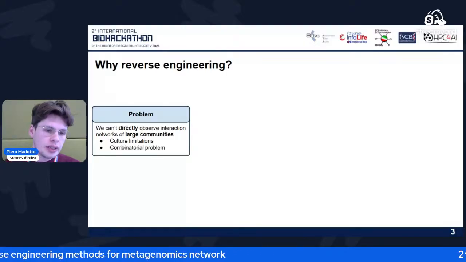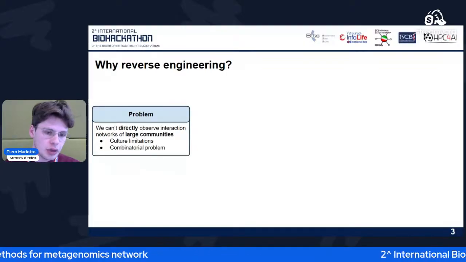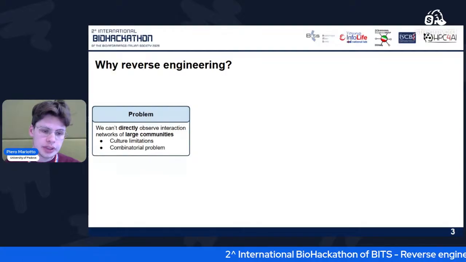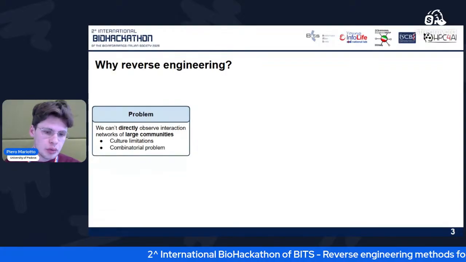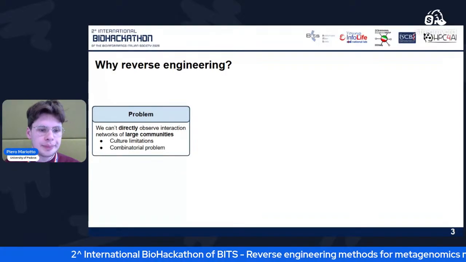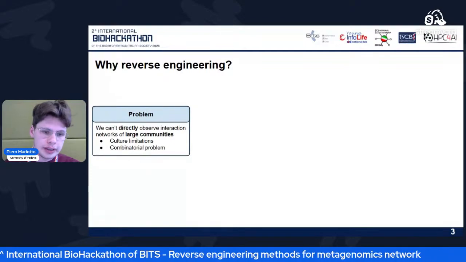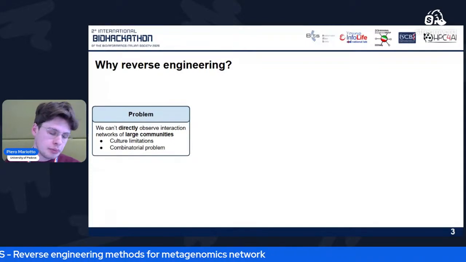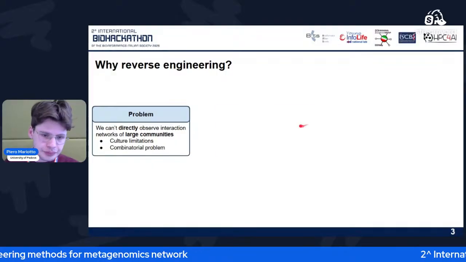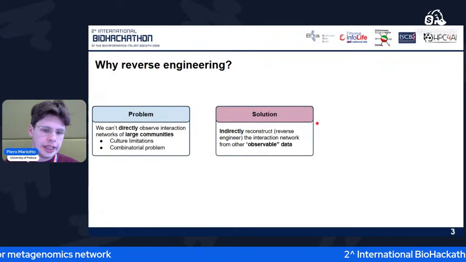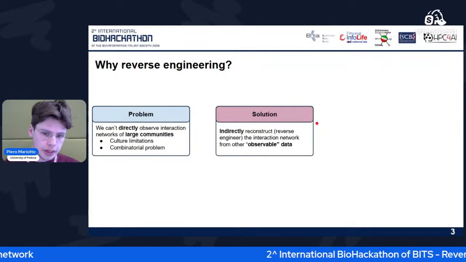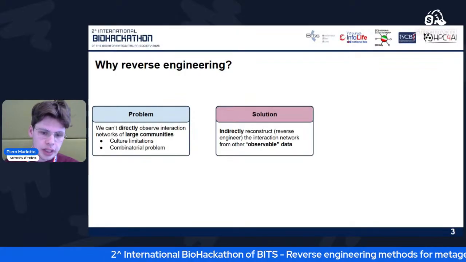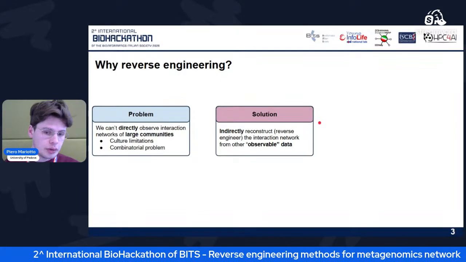This is due to culture limitations, in the sense that we cannot culture in labs a large proportion of microbes, because we cannot replicate the environmental conditions needed to grow many of the known bacteria. So the solution is inference, to indirectly reconstruct or reverse engineer this interaction network from other observable data.